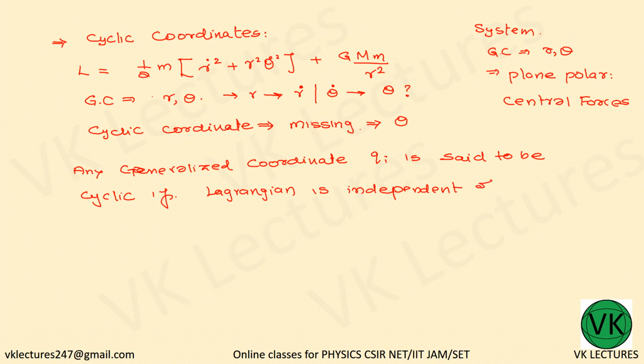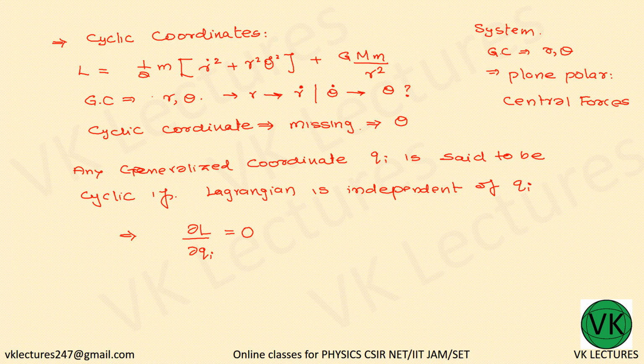Independent of qi means dou L by dou qi is equal to 0, which means L does not depend on qi. The partial derivative with respect to qi will give you 0.